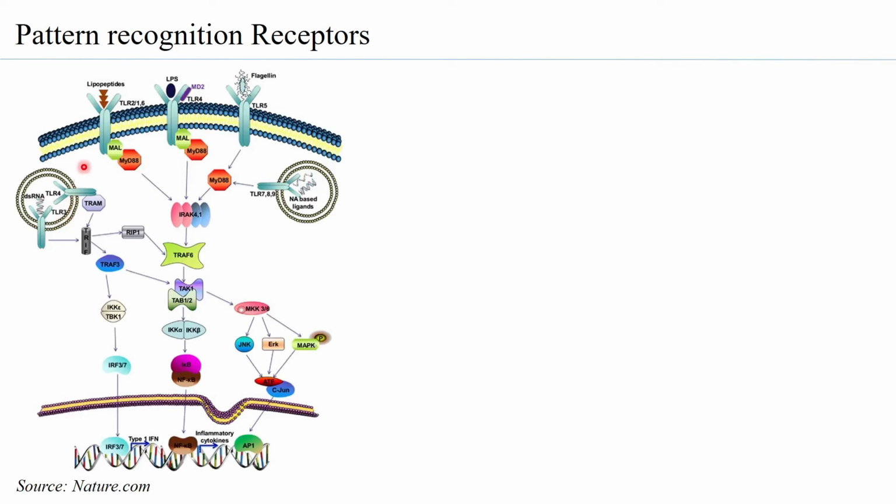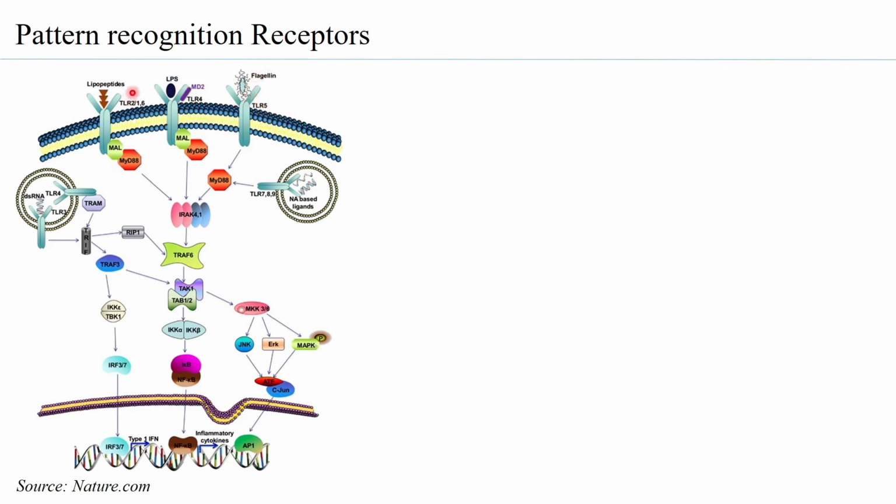The best example of pattern recognition receptors is the toll-like receptor. When this toll-like receptor binds to certain molecules present on the microbe, it could be a particular lipopeptide, or the lipopolysaccharide in gram-negative bacteria, or the flagellin of a certain bacteria.